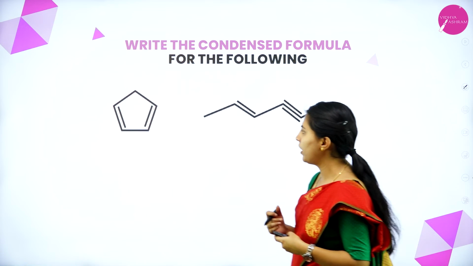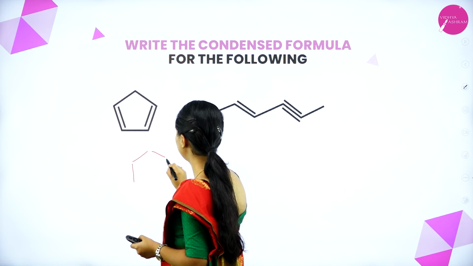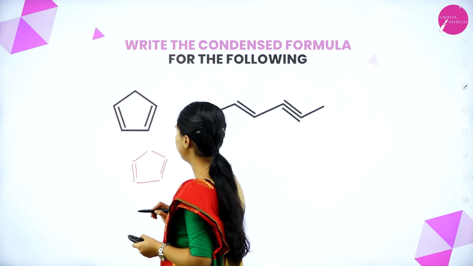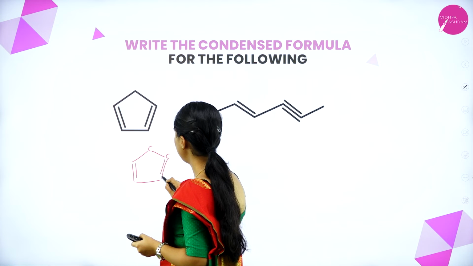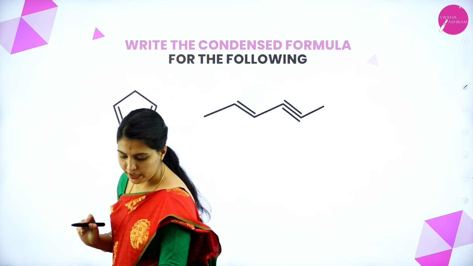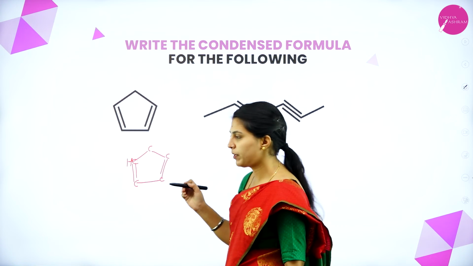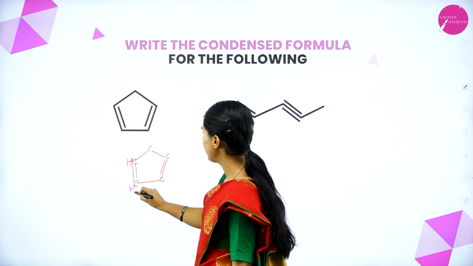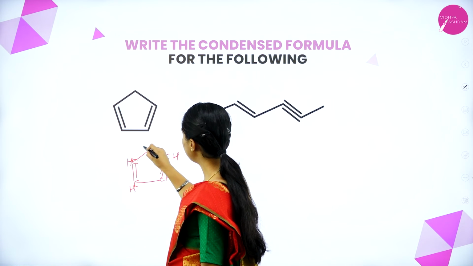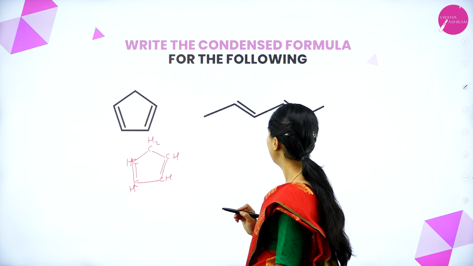And the condensed formula, how will you write it? This is right. All the carbon atoms are present, and wherever a double bond is present, you have to write CH, CH only. Wherever only a single bond is present, there CH2. Okay.